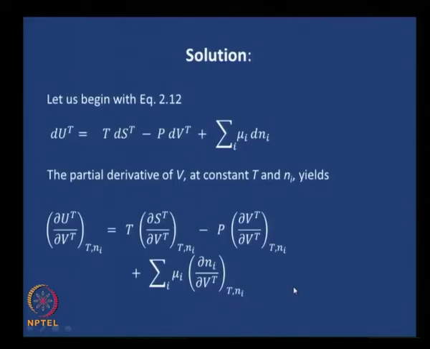Continue further, we are looking at dou Ut dou Vt at constant T, Ni. Look at these terms here and see what you could do to get it in terms of measurable quantities. Take another 5 minutes or so.